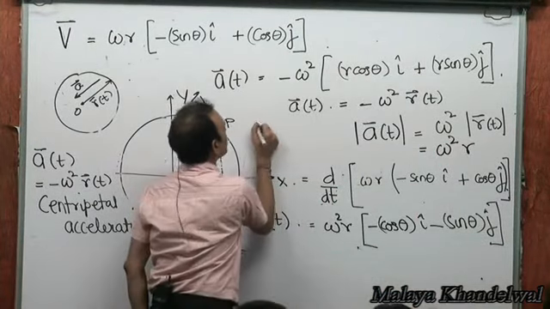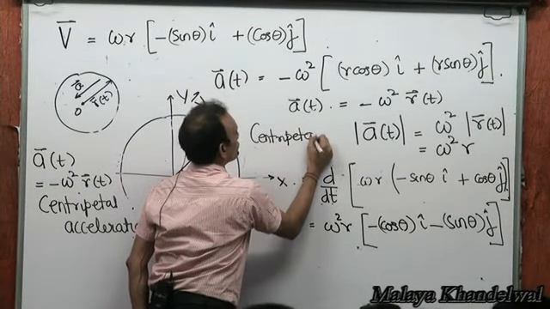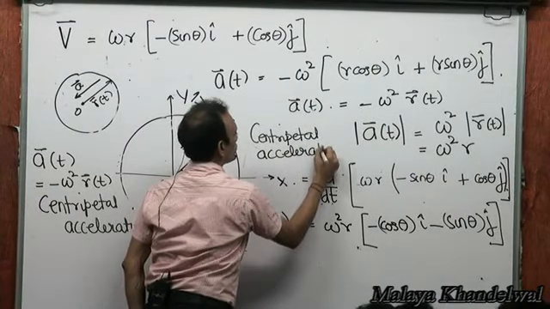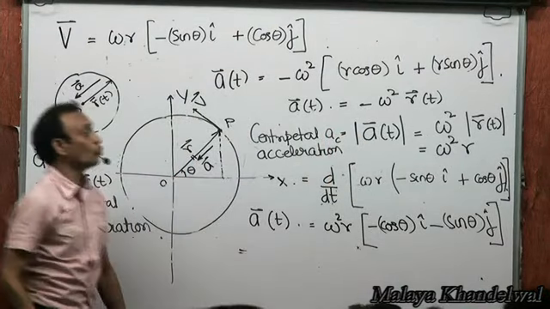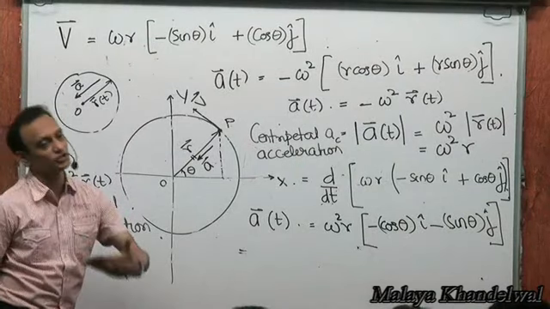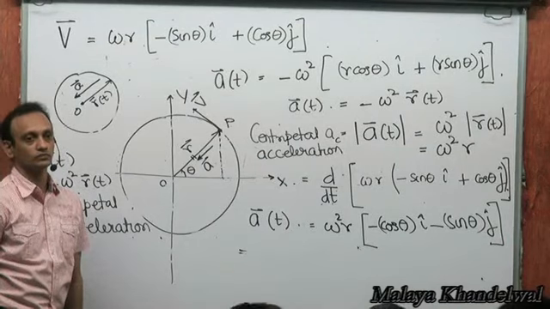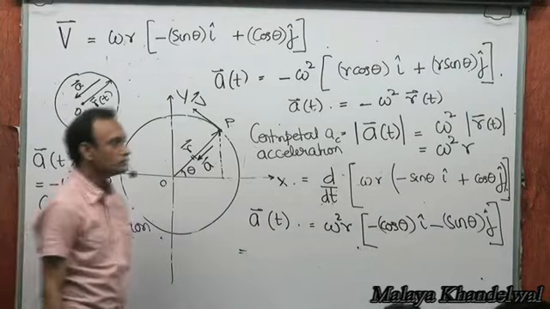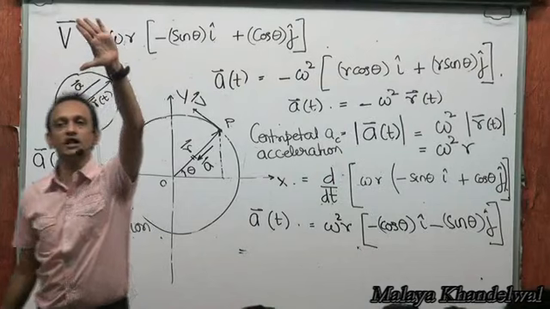That's the magnitude of the centripetal acceleration, a_c equals omega squared r. Omega is the angular speed of the particle, r is the radius of the circle. Yes or no? So far so good. No issues with this, right?